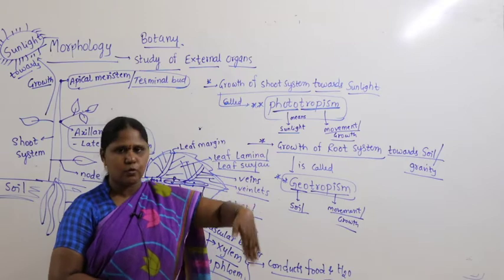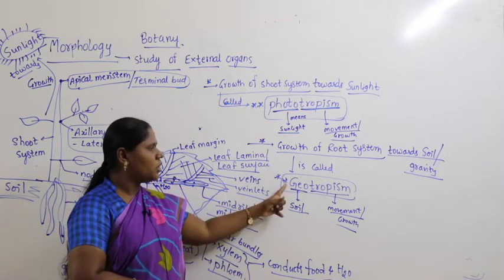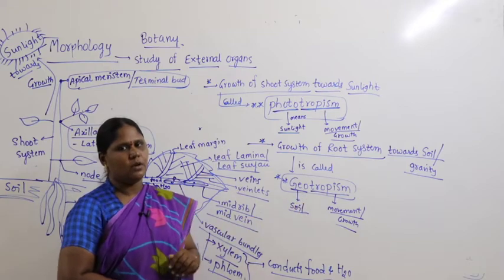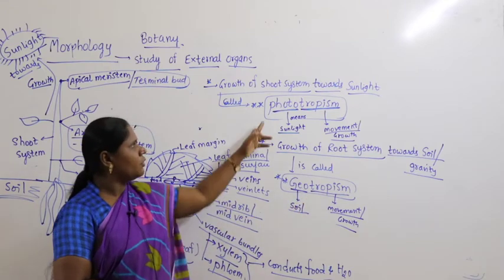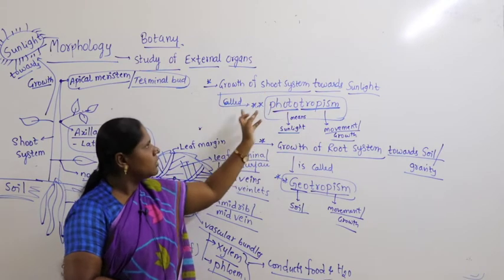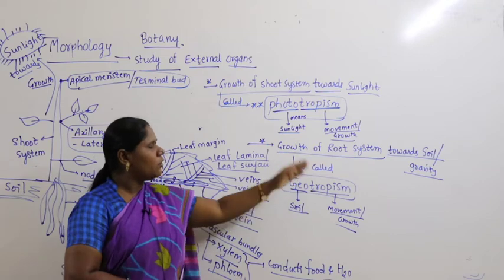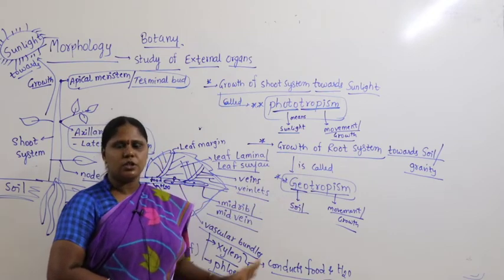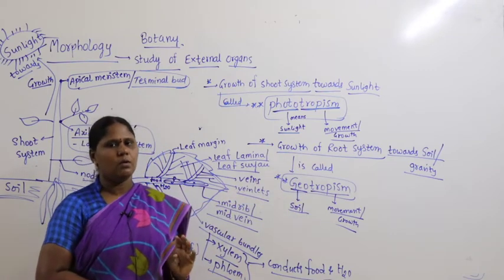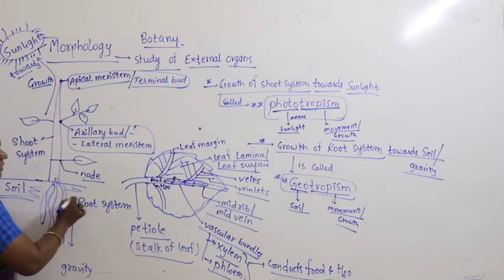The growth of the root into the deeper layers of the soil is called geotrophism. I hope everyone got it. What is phototrophism? Growth of the shoot system towards sunlight. It's called phototrophism. Growth of the root system towards soil is called geotrophism.